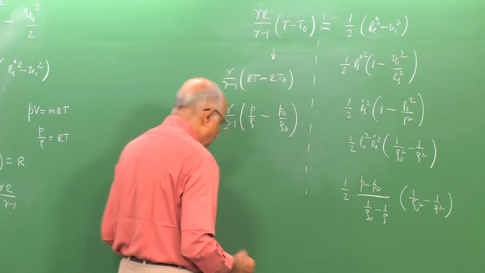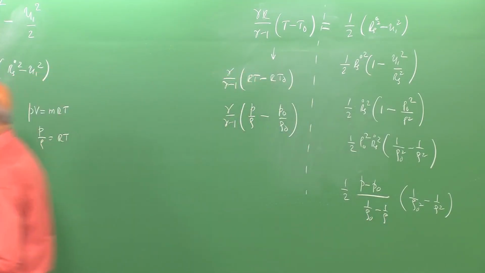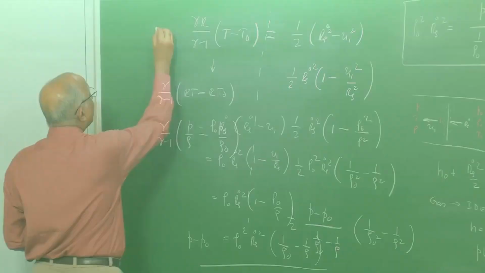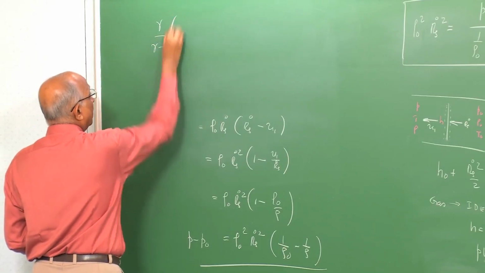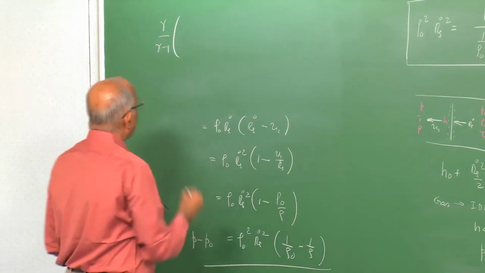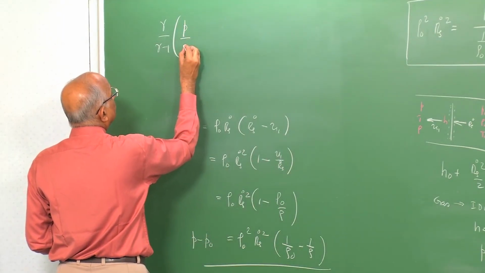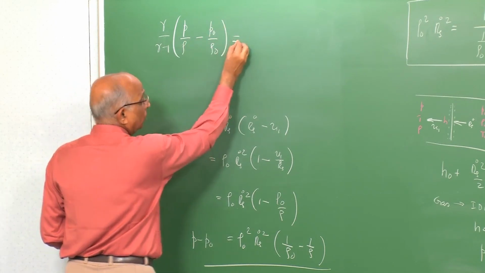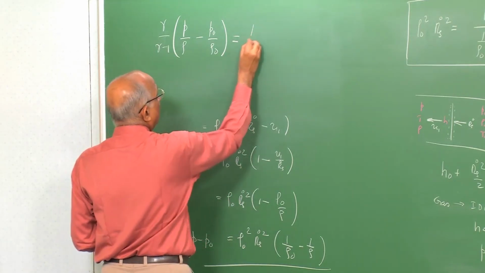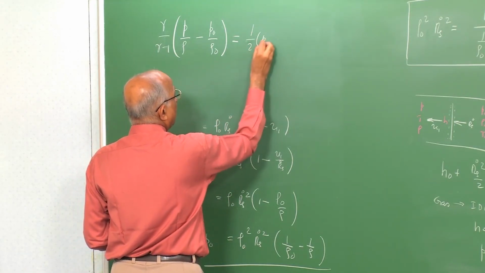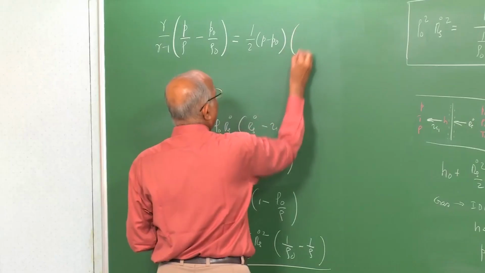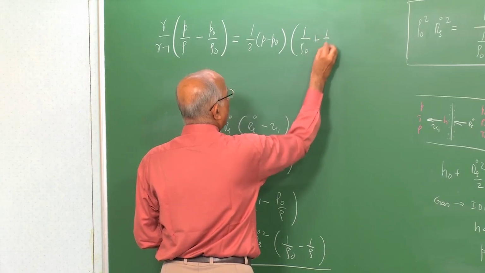Therefore, this expression becomes, let me write it on the other side of the board here. I can now delete the continuity equation, I can delete the momentum equation and write the final equation as gamma over gamma minus 1 into P by rho minus P0 by rho 0 is equal to half P minus P0 into, what I get is this is cancelled, I get 1 over rho 0 plus 1 over rho over here.